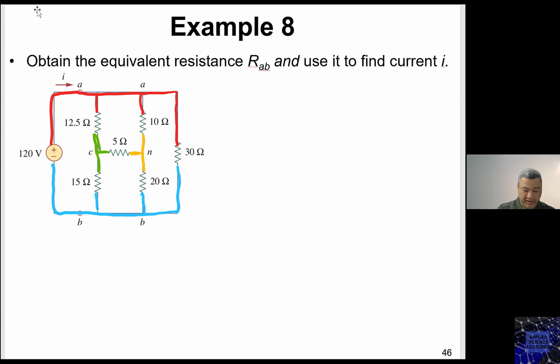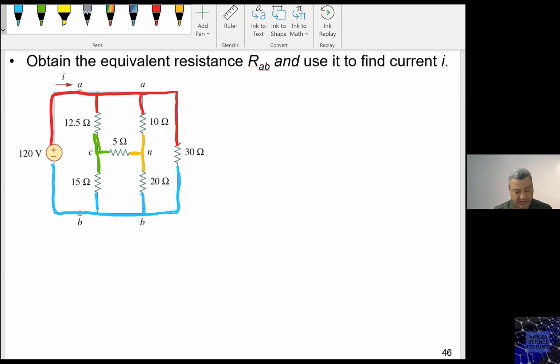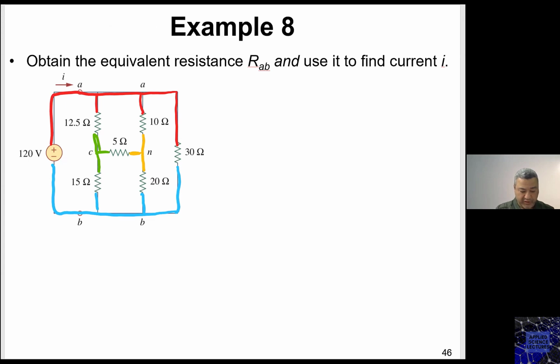So you're saying delta Y case. How does this look like a delta? It's not looking like a delta to you. Well, if it's not looking like a delta to you, then look here. You will see that this topology looks like a Y topology, right?